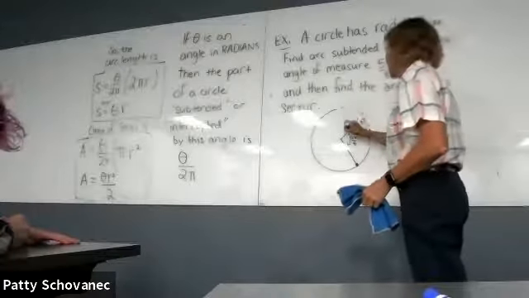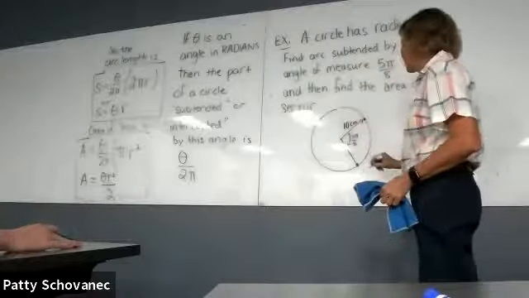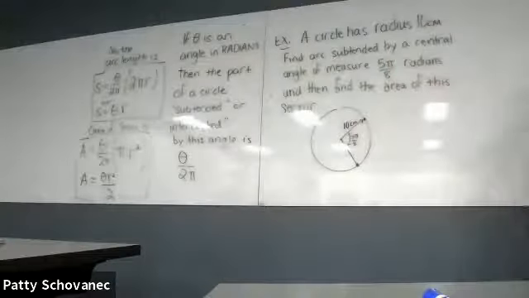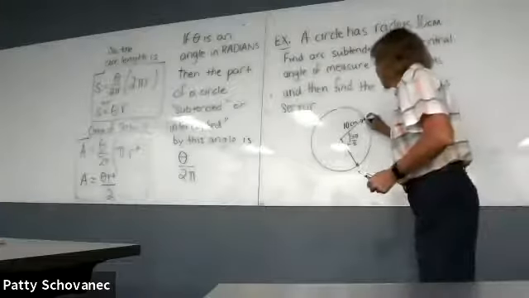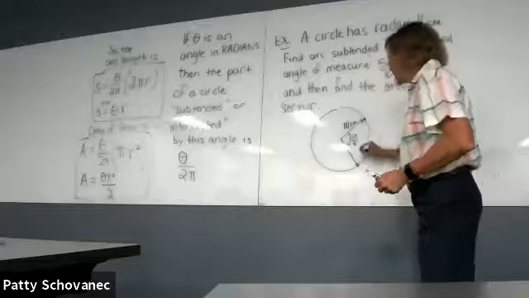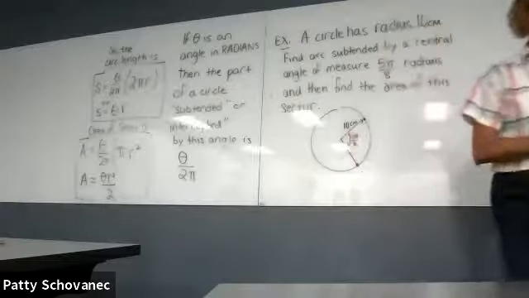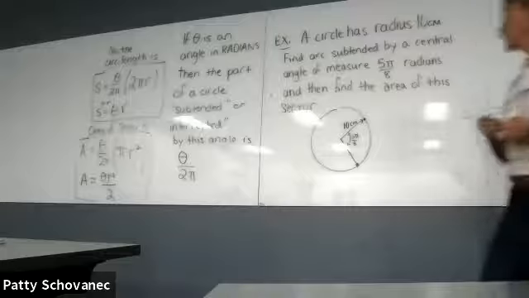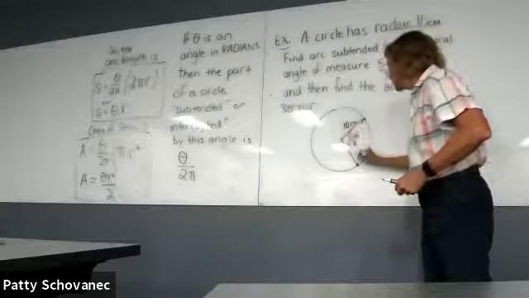The radius is 10 centimeters. That's the length of that ray and that ray. So the arc that I'm talking about goes between these 2 points, from here to here. And the area is this triangular piece. Green never works, but this one did. Look at that.